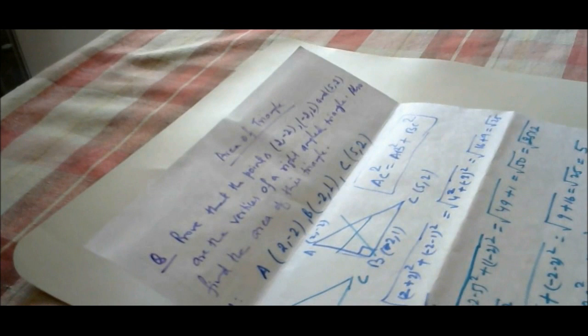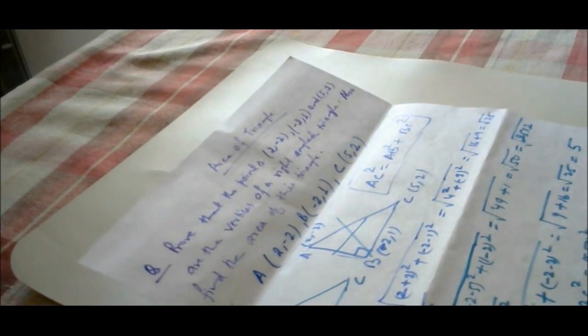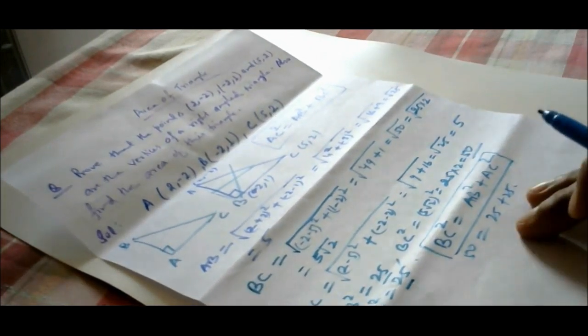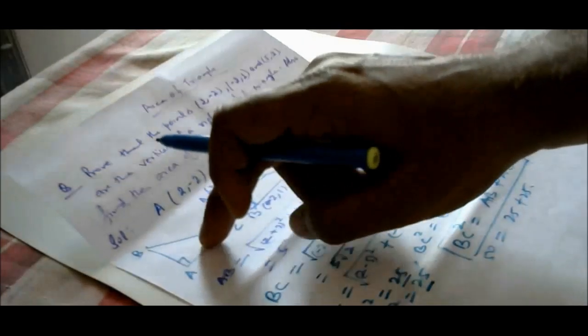Why? Because BC square is 50, AB square is 25 plus 25, so 50. So Pythagoras theorem is getting justified here. This will be the triangle.